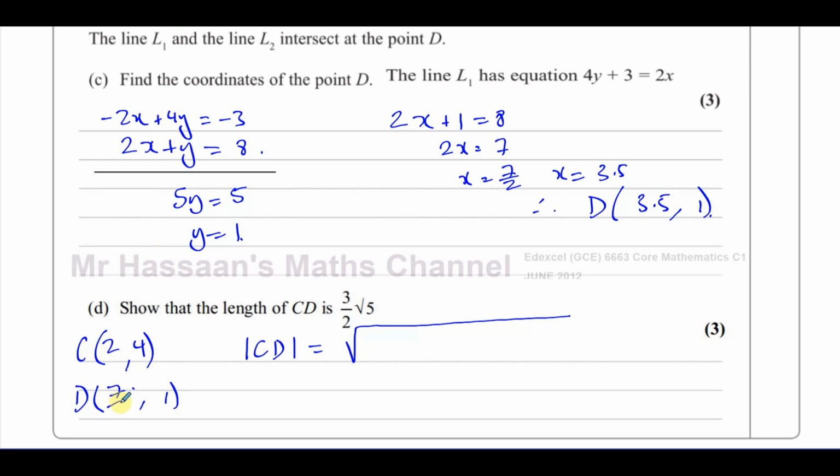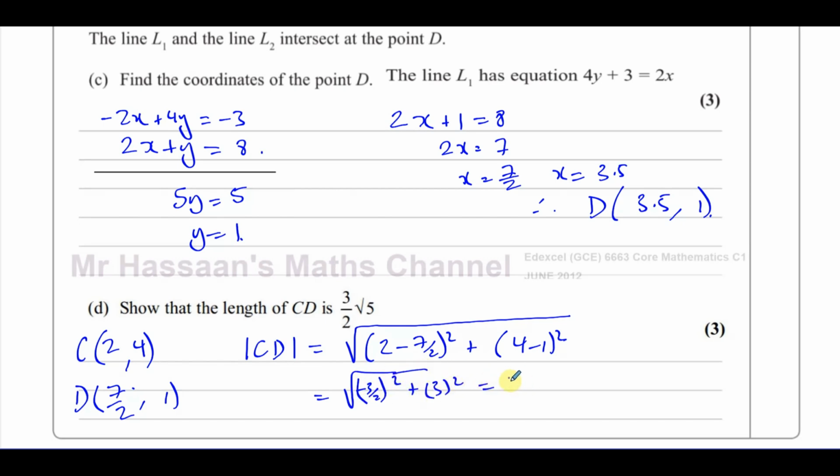So we're going to have 2 minus 7 over 2 squared plus 4 minus 1 squared. So that's 4 over 2 minus 7 over 2, which is negative 3 over 2. That's going to be negative 3 over 2 squared plus 3 squared.